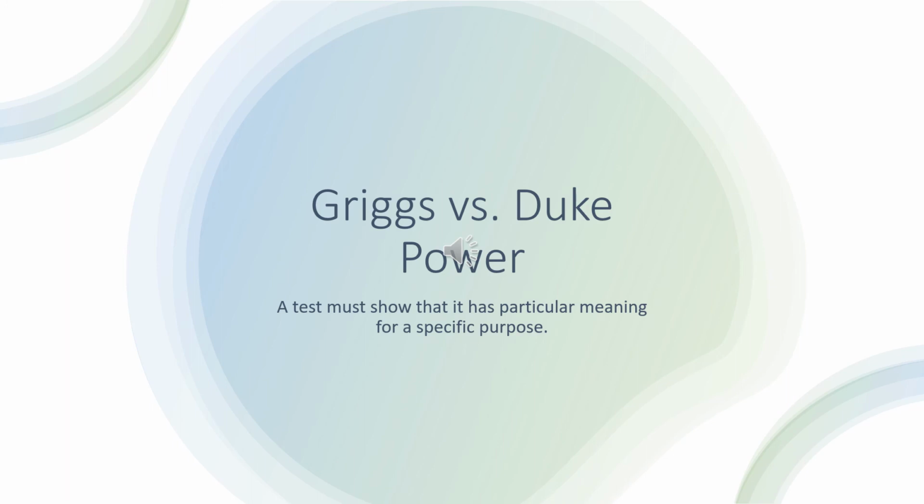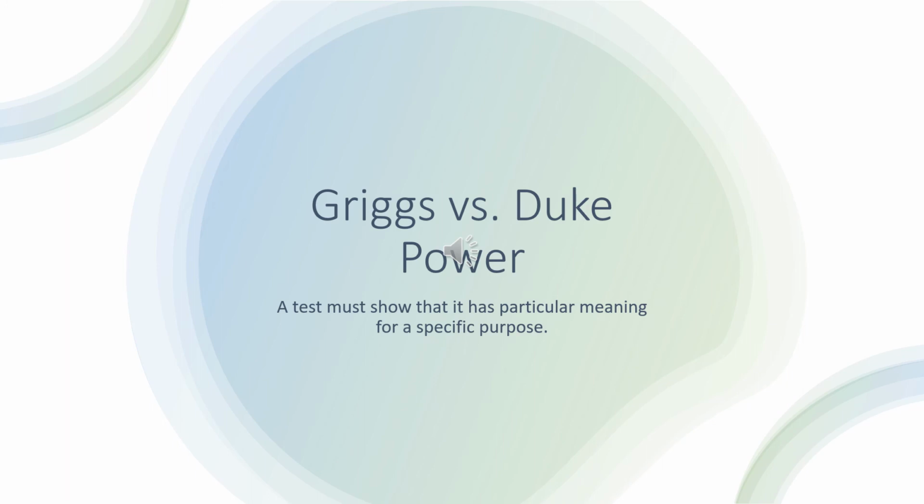So the Supreme Court ruled that the test was not related to measuring job capabilities. In fact, the IQ test served as a built-in headwind for minority groups. The test did not measure specific job capabilities.